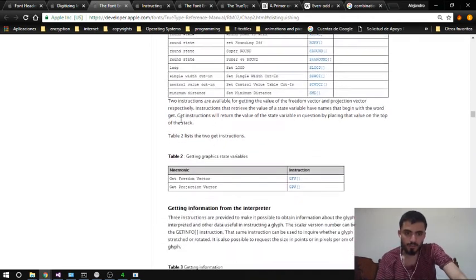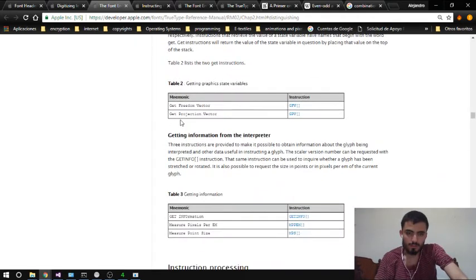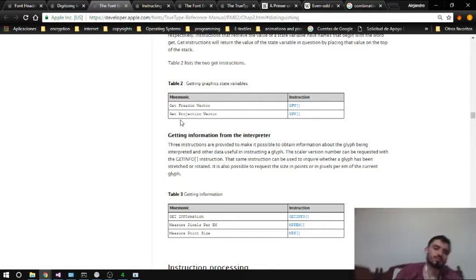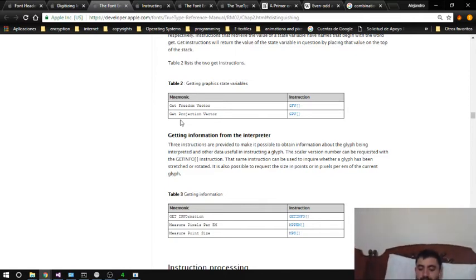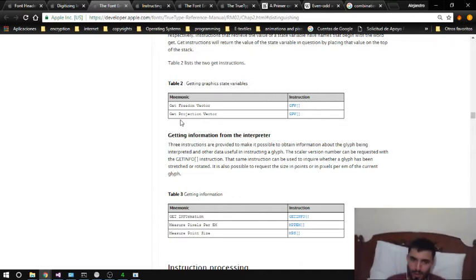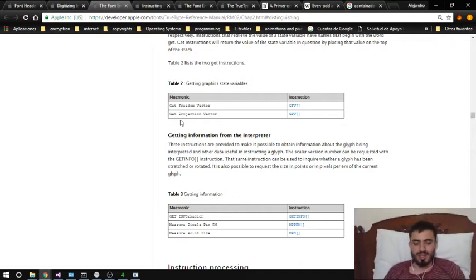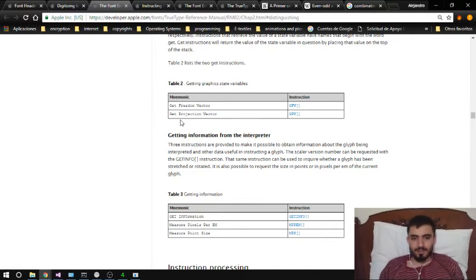So this is interesting. The TrueType font also has an opcode stored inside the file, which is interesting.